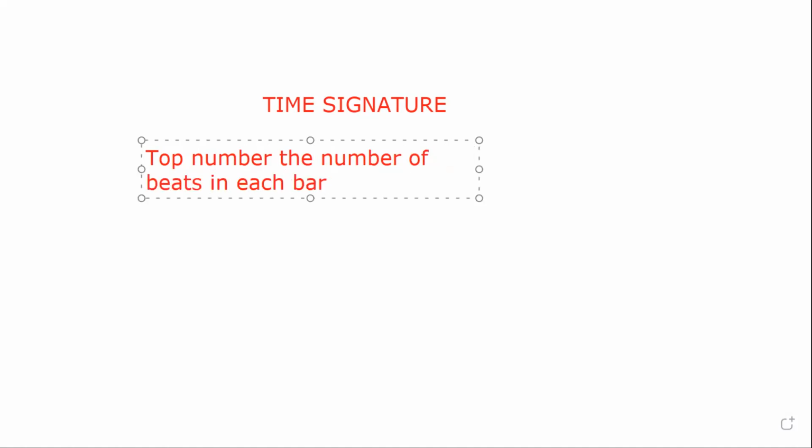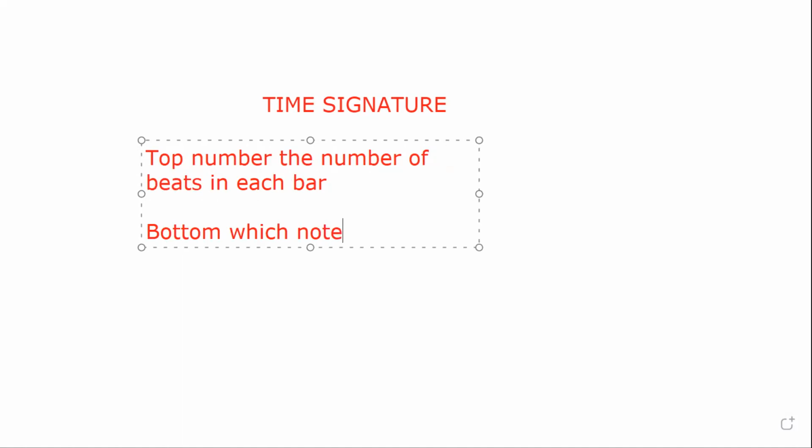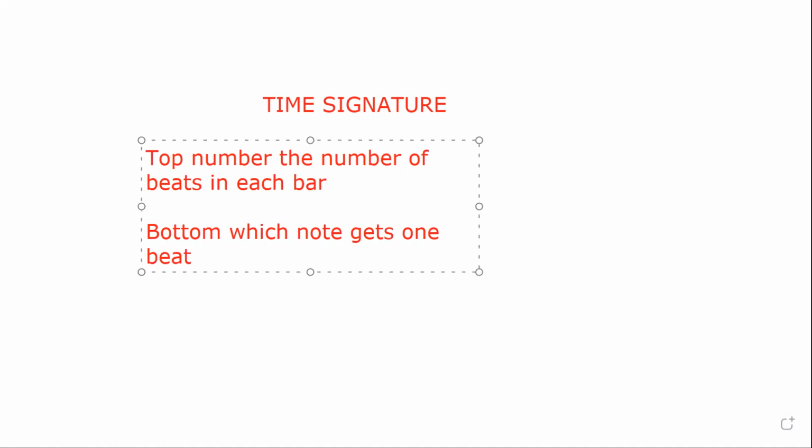And then the bottom number tells us which note gets one beat. Okay, which note gets one beat. So we are going to look at some examples of time signatures. I'm sure we have already seen these in our music practicals, but now we want to put meaning to them.